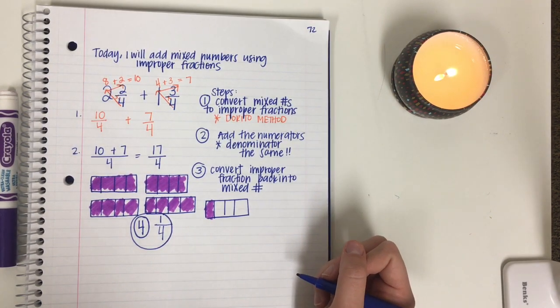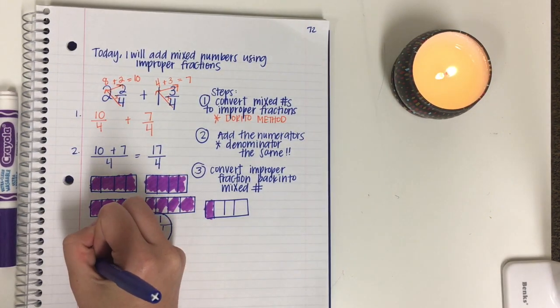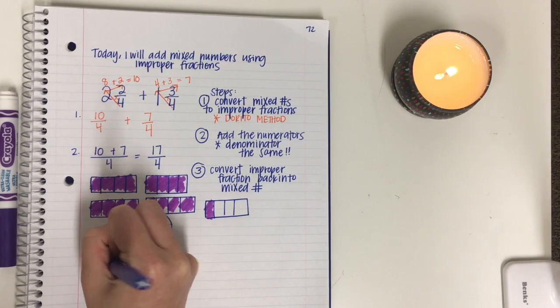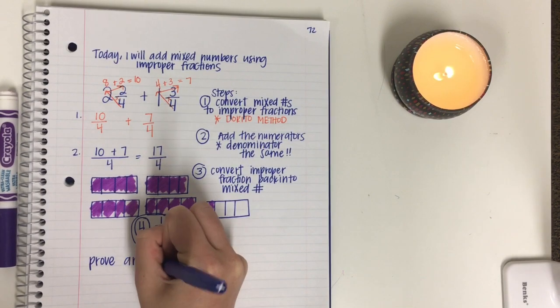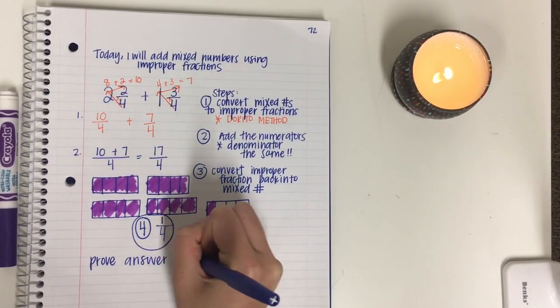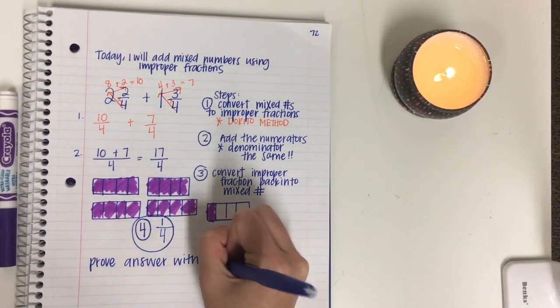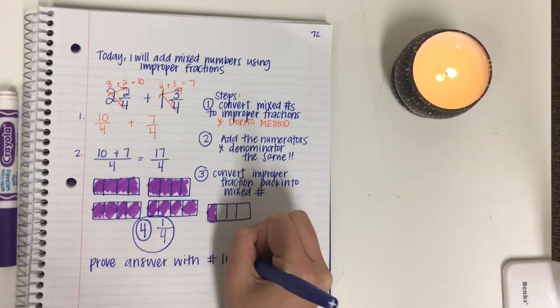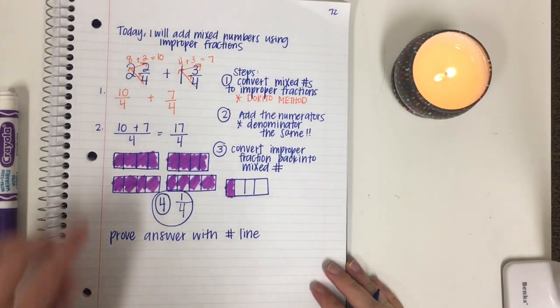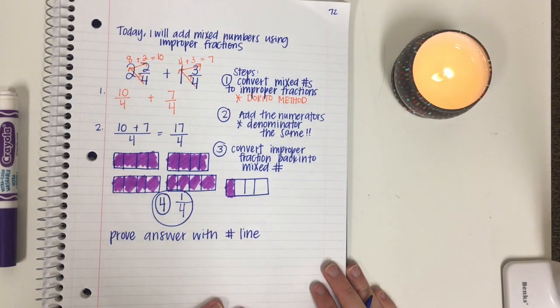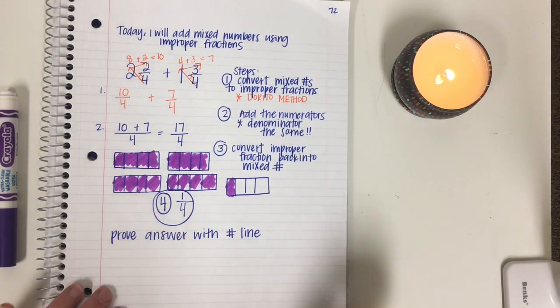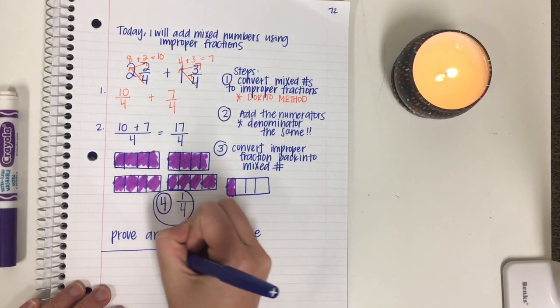Okay, now I want you to prove it. So let's prove the answer with a number line. So how can we prove that 10/4 plus 7/4 is equal to 17/4, right? And 4 and 1/4. So let's draw our number line.